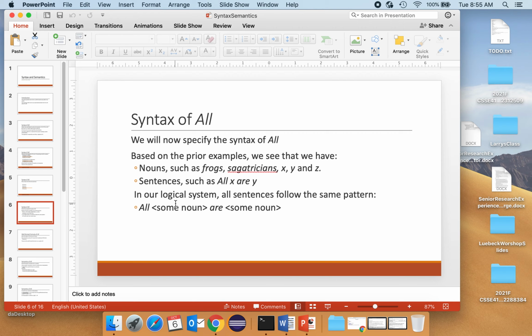So notice that in our system, the sentences follow the same pattern: all, some noun, are, some noun. And 'are' is the predicate. But again, we don't distinguish between different kinds of predicates because our system only has one. That's okay. We're going to leave out a lot of stuff, but for the purpose of understanding what a syntax and a semantics provide, this is sufficient.